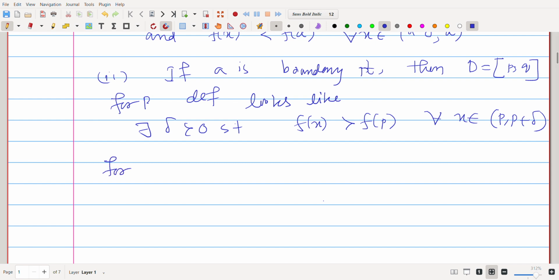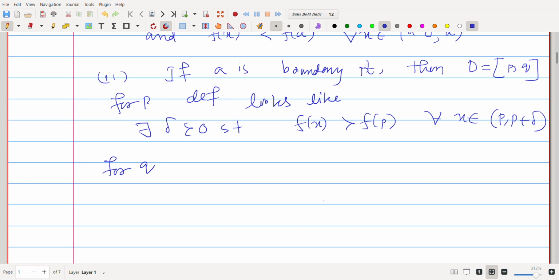And for Q, so for P we don't need to check the negative part because the domain itself is closed interval P comma Q. Okay, so in domain for P only right hand side exists, right hand side part is in the interval, left part is not in the interval, so we don't need to check.